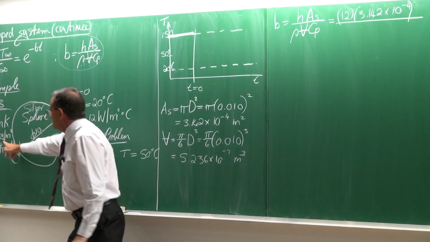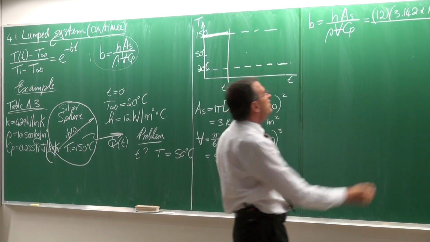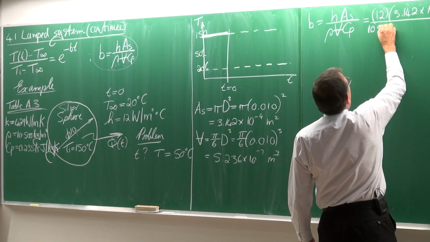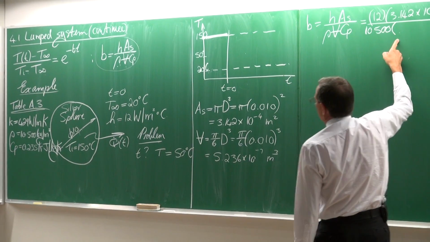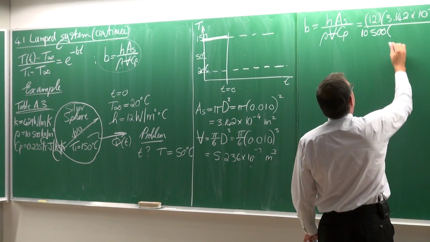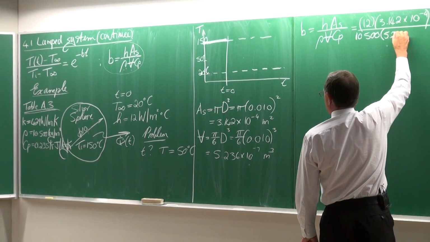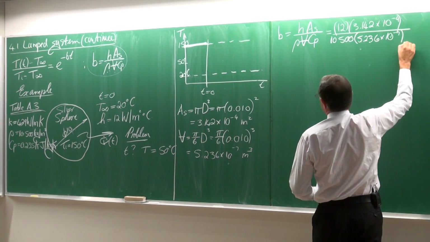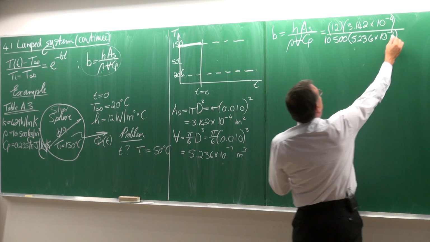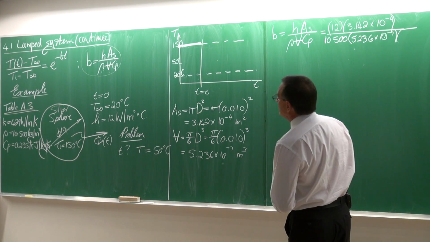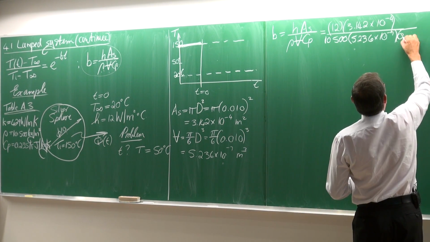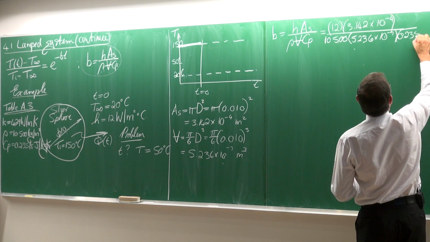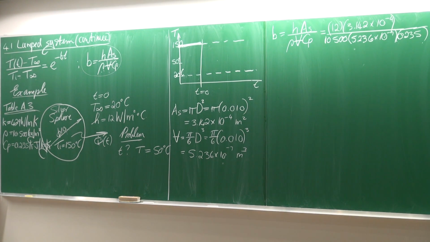Here is the density, 10,500, multiplied by the volume. Here's the volume, 5.236 multiplied by 10 to the minus 7, and multiplied by CP, and CP is equal to 0.235. Are you all happy with that?